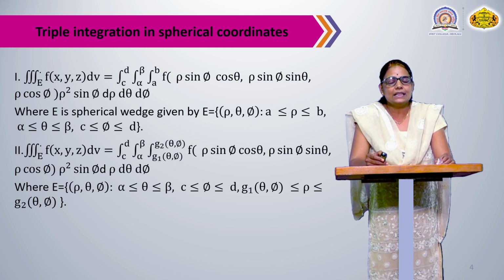In this case, the triple integral of f over E is the same as the integral of f of rho sin phi cos theta, rho sin phi sin theta, rho cos phi, into rho square sin phi d rho d theta d phi, where rho varies from the function g1 of theta, phi to g2, phi varies from C to D, and theta varies from alpha to beta.